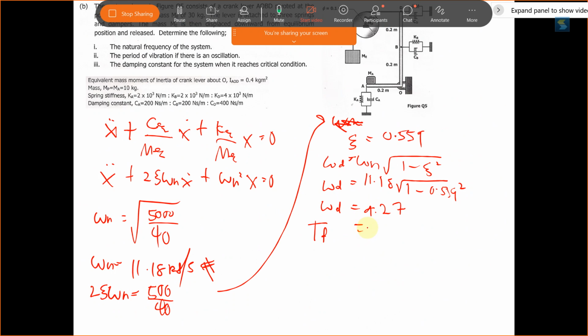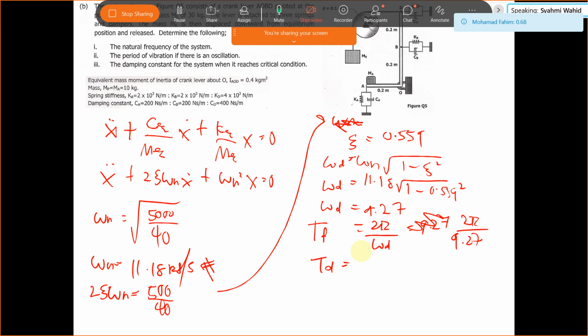So TD equals 2 pi over 9.27, and what is TD? 2 pi divided by 9.27. 0.68. Yes, correct. So 0.68 second.